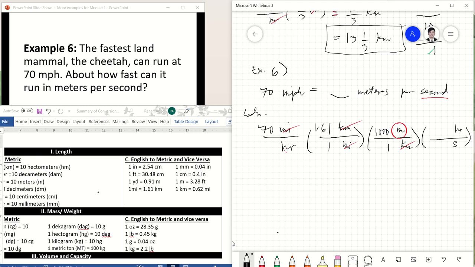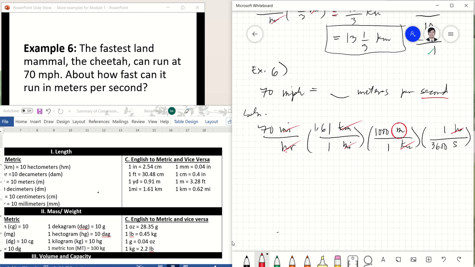Then, seconds in the denominator. In an hour, there are 3,600 seconds because it's 60 times 60. 60 minutes in an hour and 60 seconds for a minute. So the hour will be cancelled out already. So you have 70 times 1.61 times 1,000.